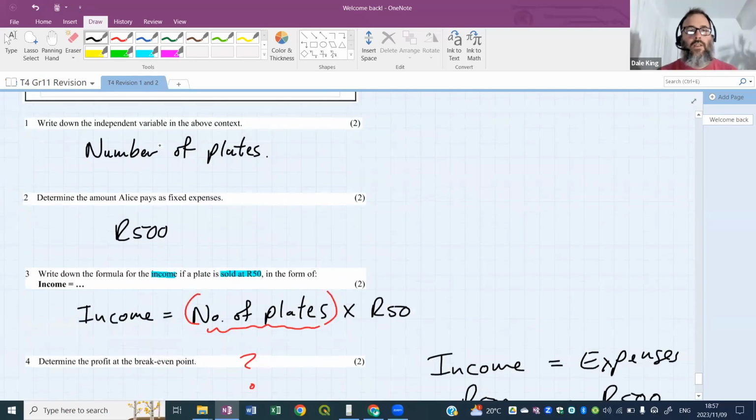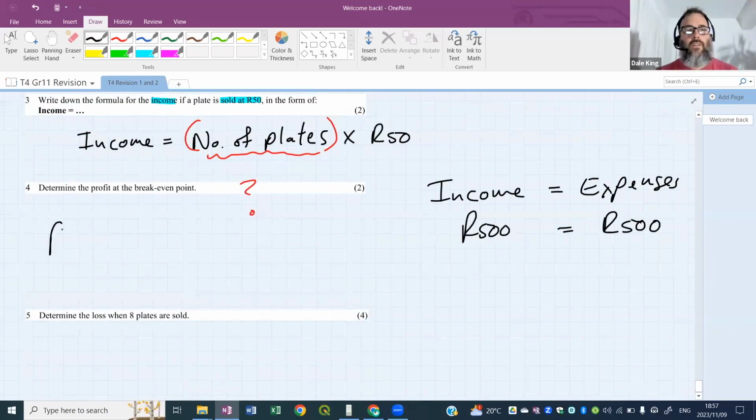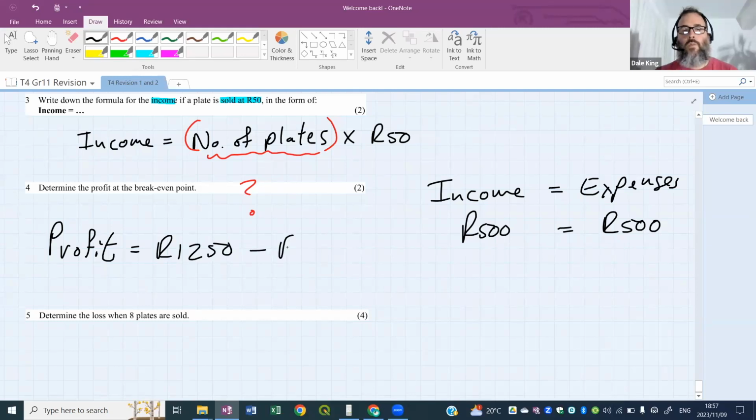All right. So we'll play the game. We know what it is, but we'll play the game, yeah? We know the expenses is, or income is 1,250. We know the expenses are the same. It's 1,250. You could put any number that's similar like that. I used 500 and 500 as an example, and that will give you a profit of 0. Okay, it's a trick question. All right.